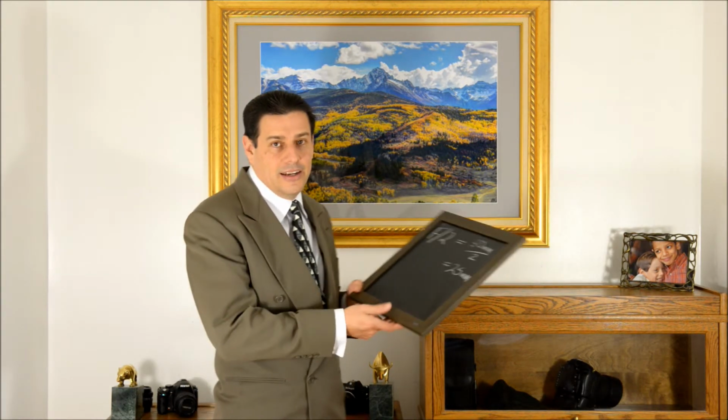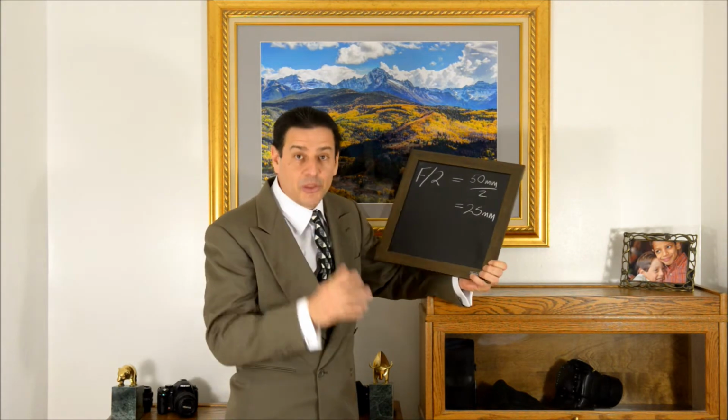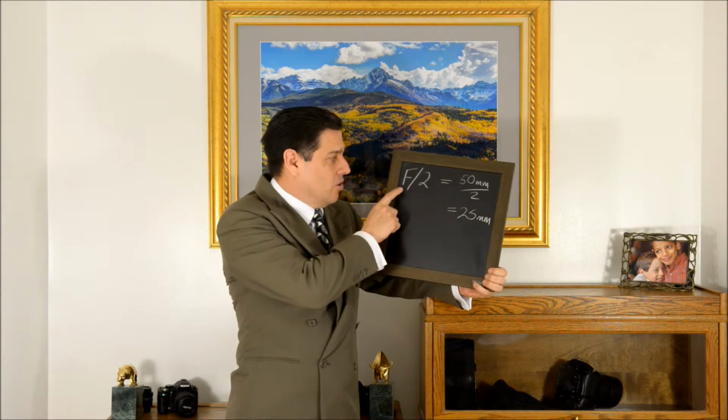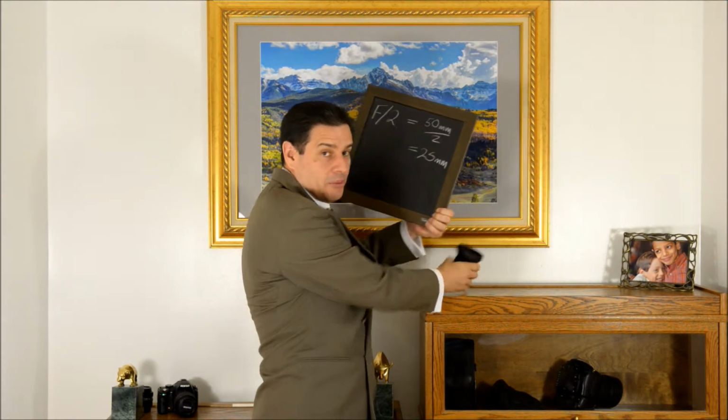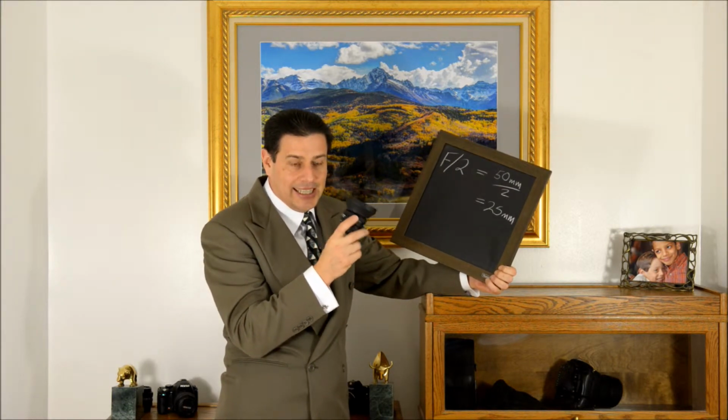Now, aperture is a little bit different. Before I get into aperture, I want to talk about what those numbers mean to begin with, and then the math of it. So, I have a 50mm lens here. This is the 50mm f/1.4D lens.